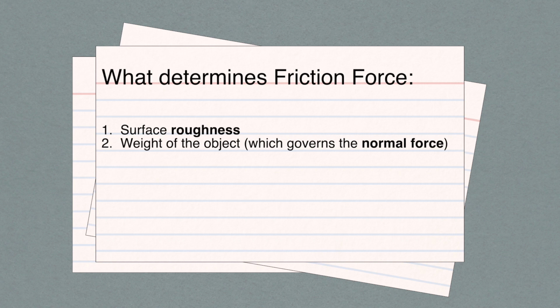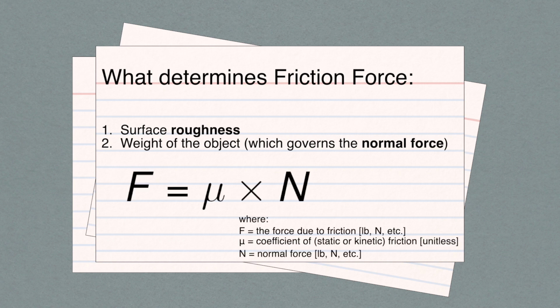And that is exactly why the equation for the force due to friction is mu, the Greek letter mu, times the normal force, where mu is basically a coefficient that corresponds with how rough or how smooth a surface is.